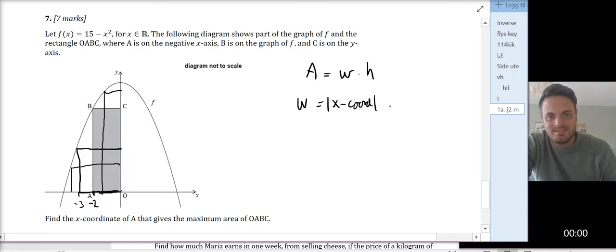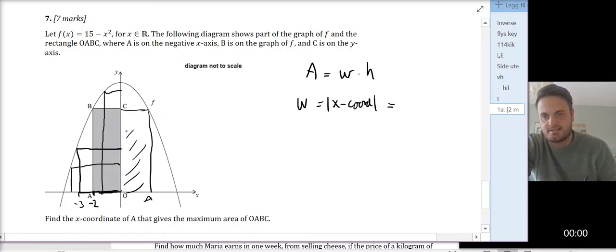So I just put this equal to x, because it would be the same if I did it on this side. It's symmetric, right? So if A is here or here, it doesn't matter whether A is positive or negative.